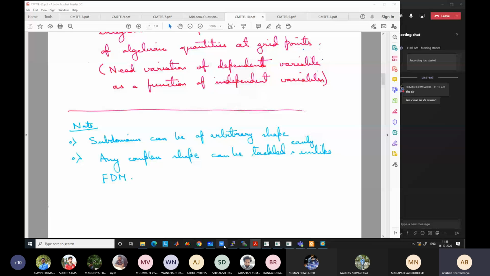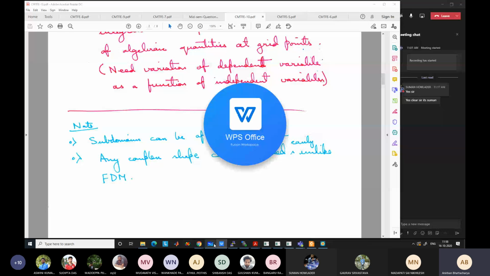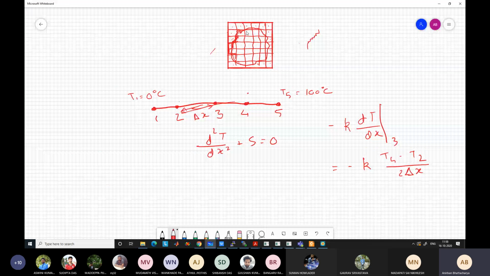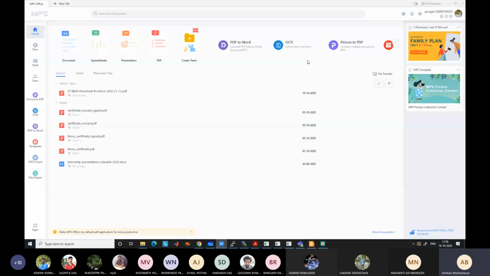So for finite volume, I could have just fitted some arbitrary triangular control volumes at the edges of this. But for finite difference, I have to go with some more complicated formulation to tackle the irregular boundary. So complex geometries are tackled relatively easily, unlike finite difference method.